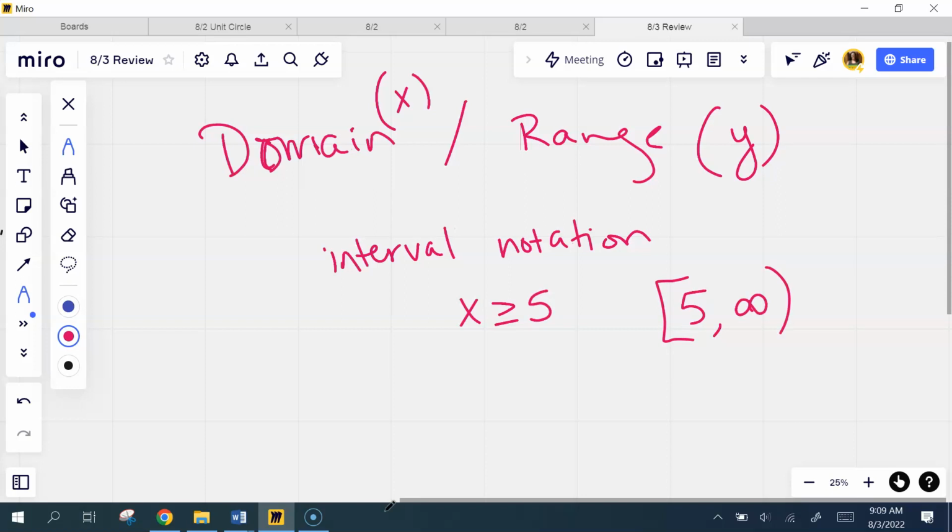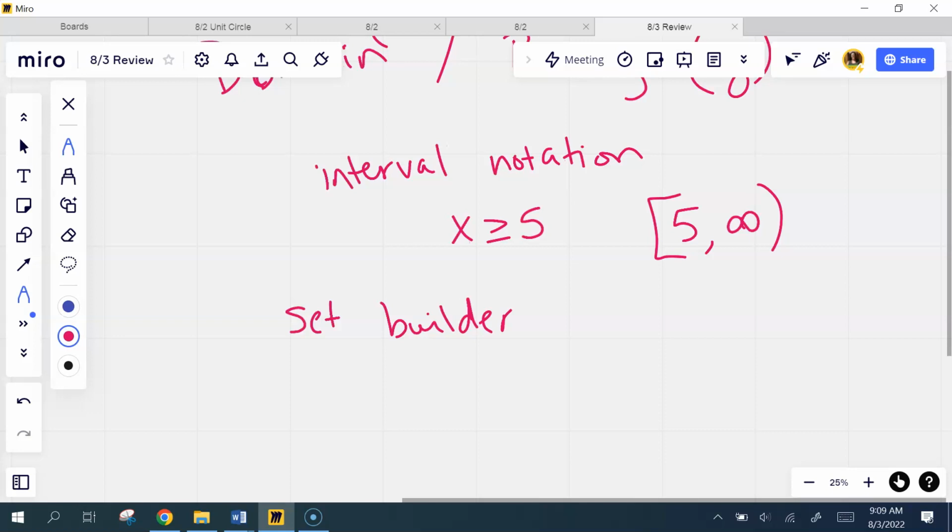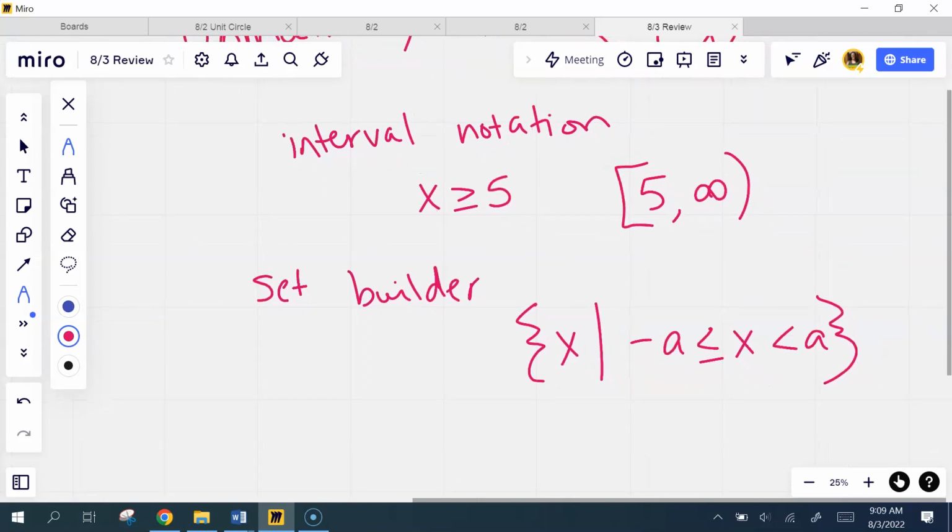So then we have what we call set builder notation. And what it does, it's basically inequality notation, but it first defines the variable. So for x, such that the x value is between two values here. A could be anything you want.